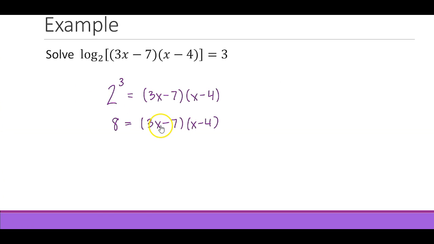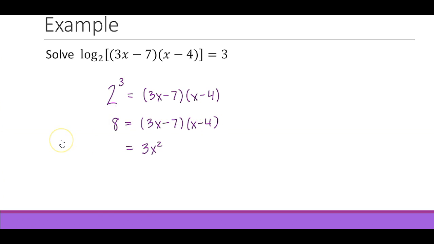So the most common mistake here is going to be setting each of these factors equal to 8. I cannot solve a quadratic equation by setting factors equal to anything other than 0. So unfortunately, what we are stuck doing here is on the right-hand side, multiplying everything out, distributing. So I'd end up with 3x squared. Outer is going to be minus 12x.